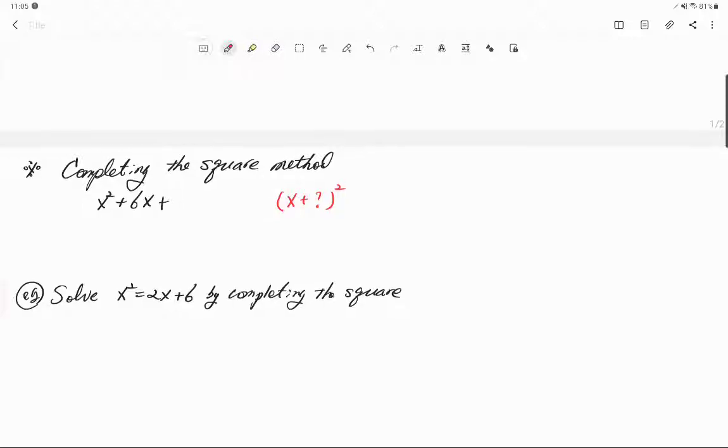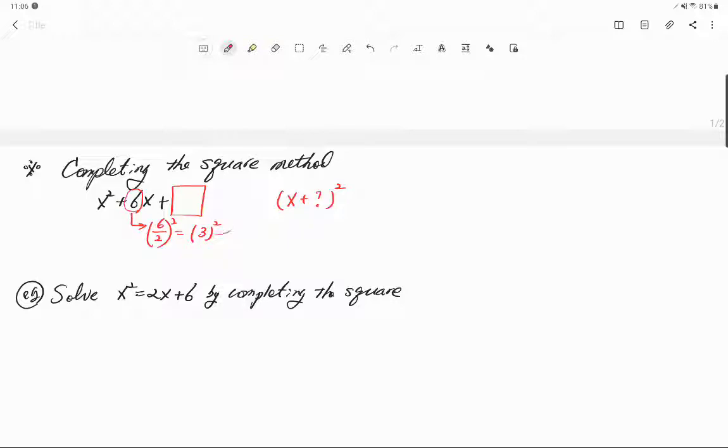All right, in order to make the third number, this always comes like this. The coefficient of the x term is 6. So always divide the coefficient of x by 2 and then square it. If we simplify the base, then it will be 3, right?